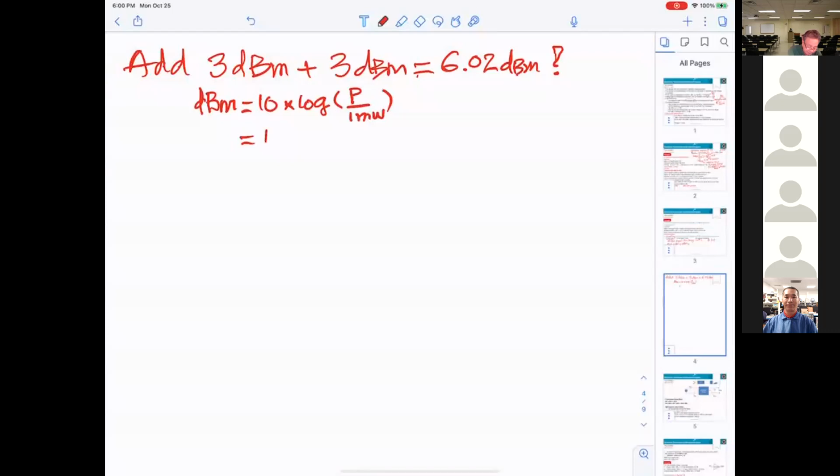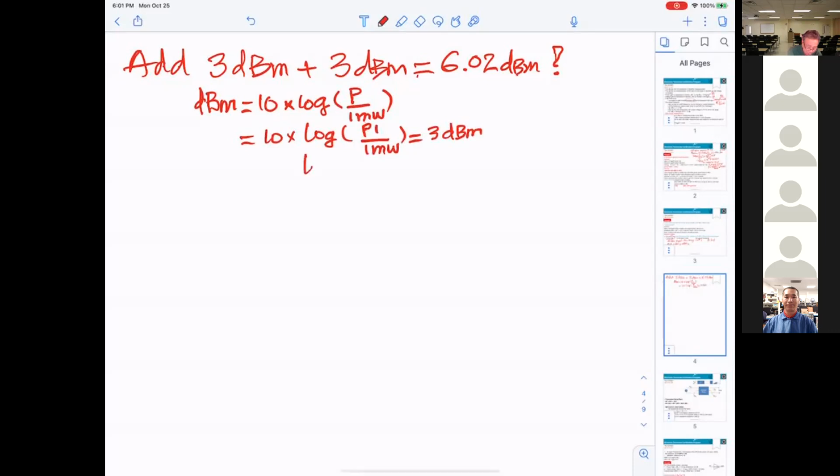First, 10 log of P1 over 1 milliwatt, and that will be equal to 3 dBm.